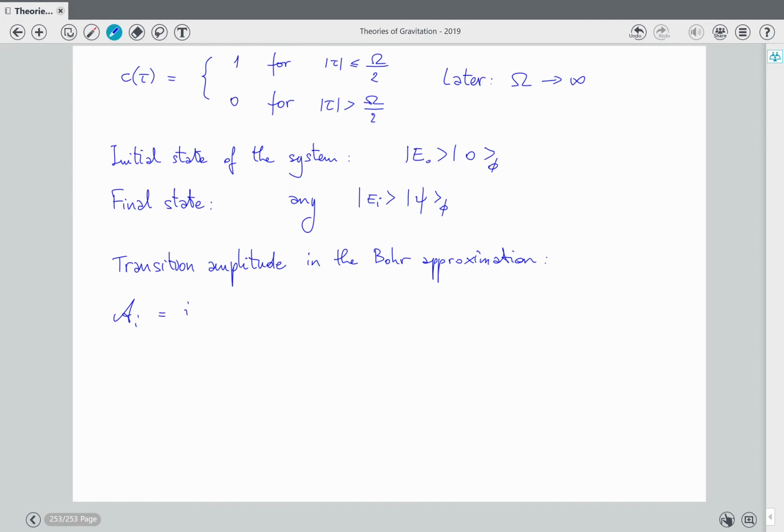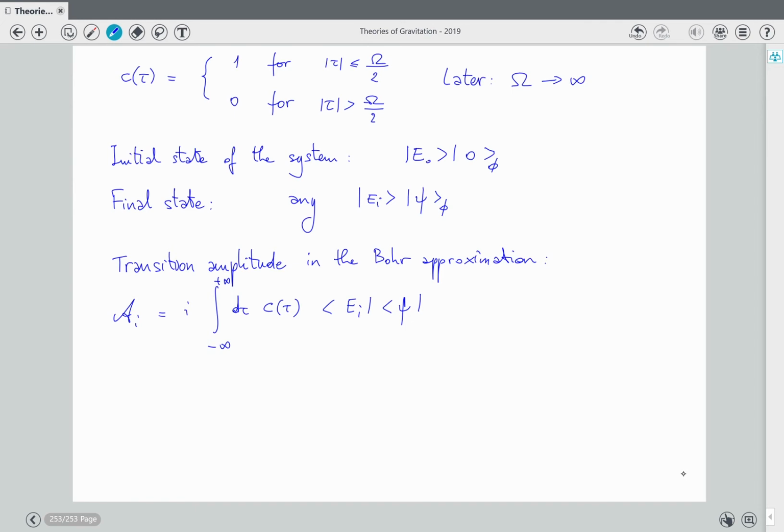That is equal to i times, well, basically, we have to compute the average of the interaction between the initial and the final state, multiplied by i. So there will be an integral from minus infinity to plus infinity, but again the switch function here tells us that this is not lasting forever, so it's just an interval of size omega. What do we have to compute?